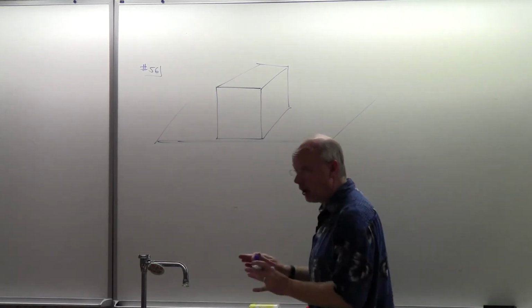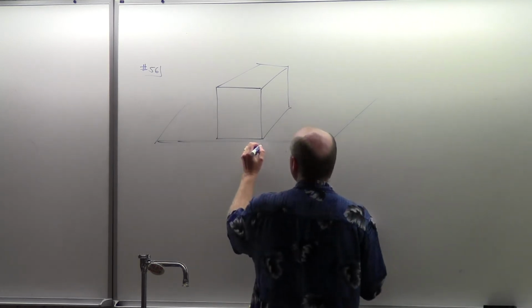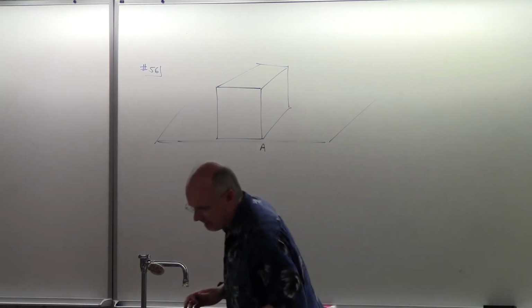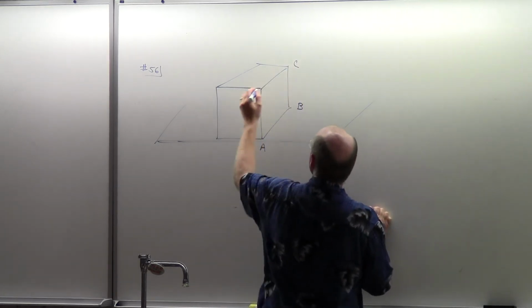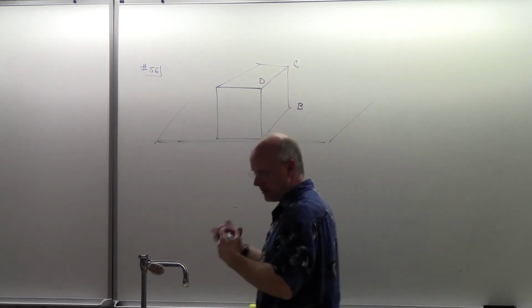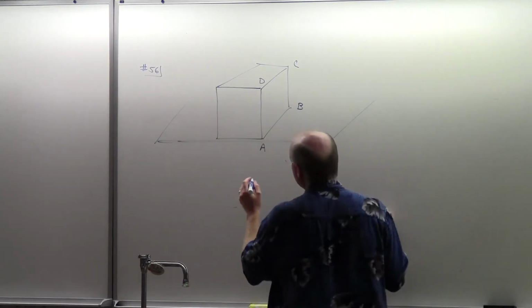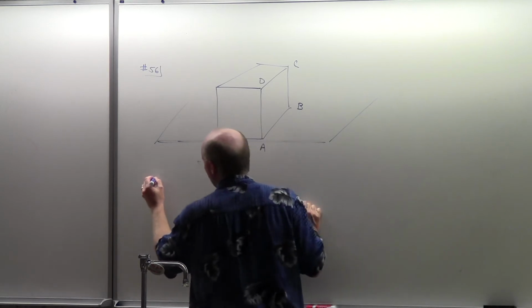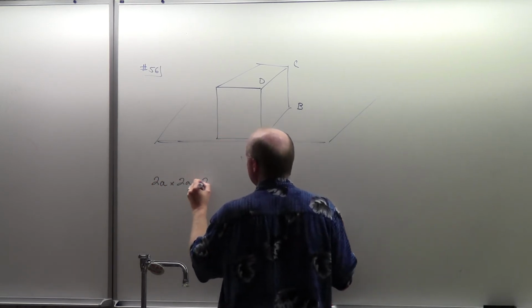It's solid wood. They even help label it by saying, let's call this corner A, and this corner back here B, this corner up here C, and this one towards the front but up high D. They say the dimensions of it are 2a by 2a by 2a.